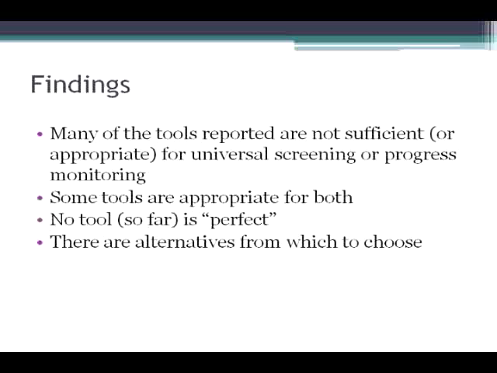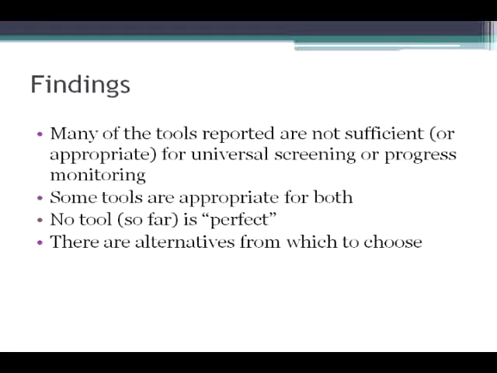Some of the findings from applying the rubrics, although these are only preliminary because the reviews have not been completed: many of the tools that were reported as being used may not or are not sufficient or appropriate for universal screening or progress monitoring. There isn't enough technical adequacy information to necessarily support their use for these purposes. Some tools are appropriate for both screening and progress monitoring.